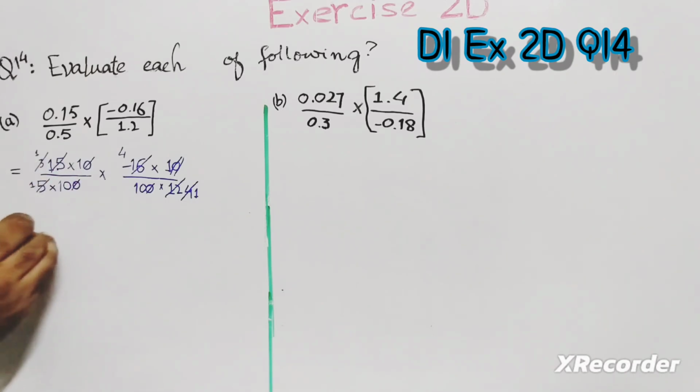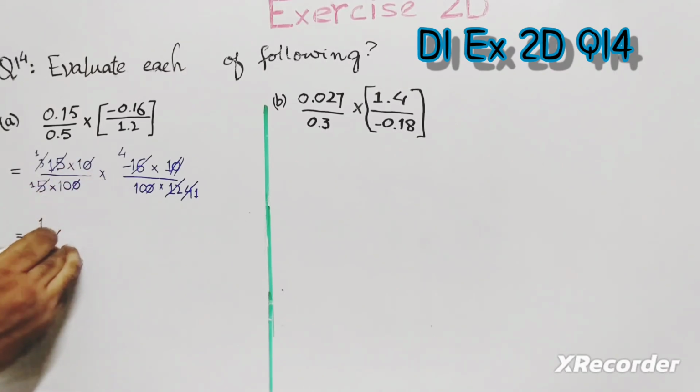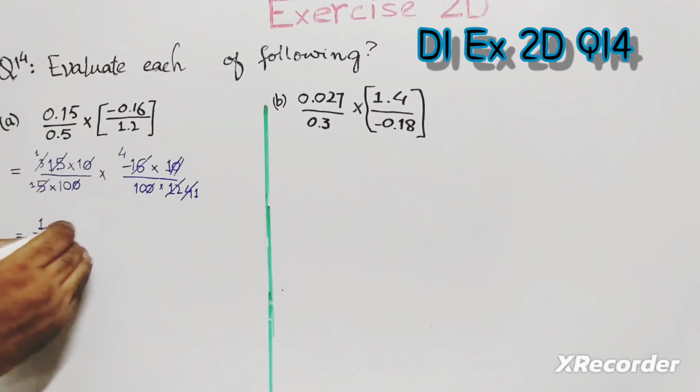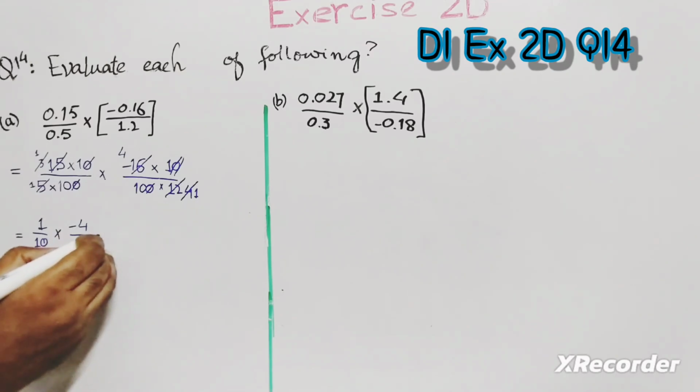From this fraction we get 1 upon 10, and from this fraction we get minus 4 upon 10.